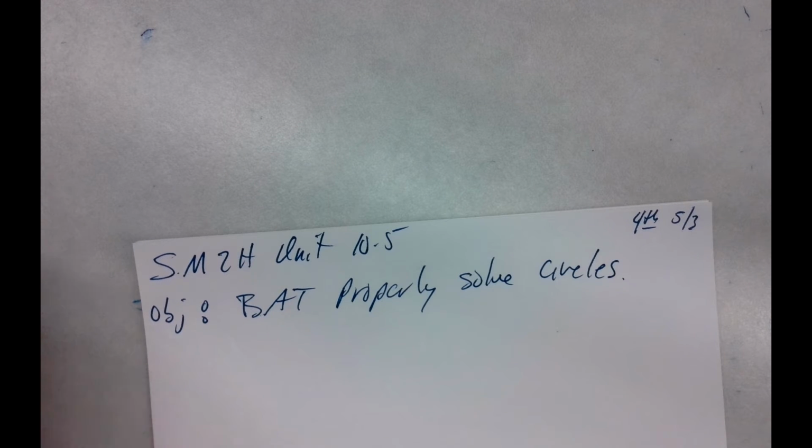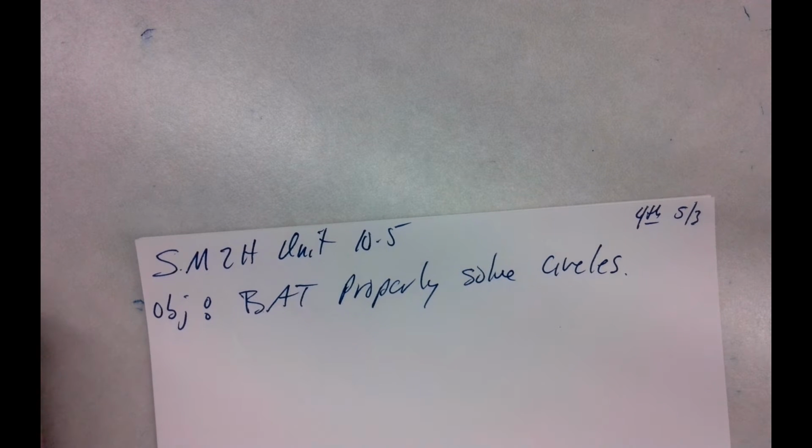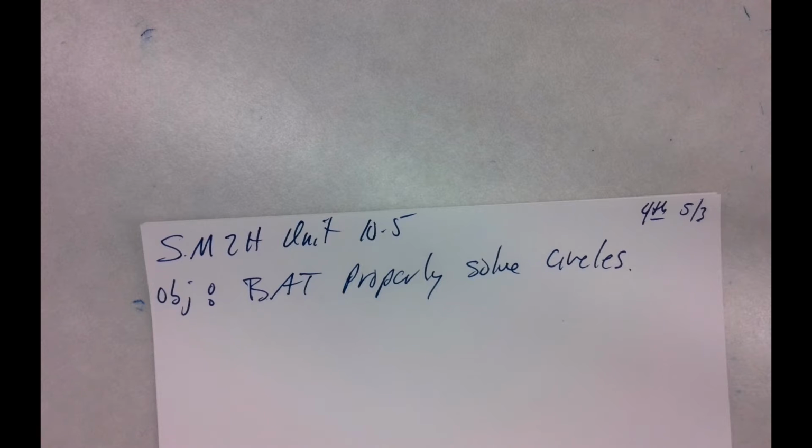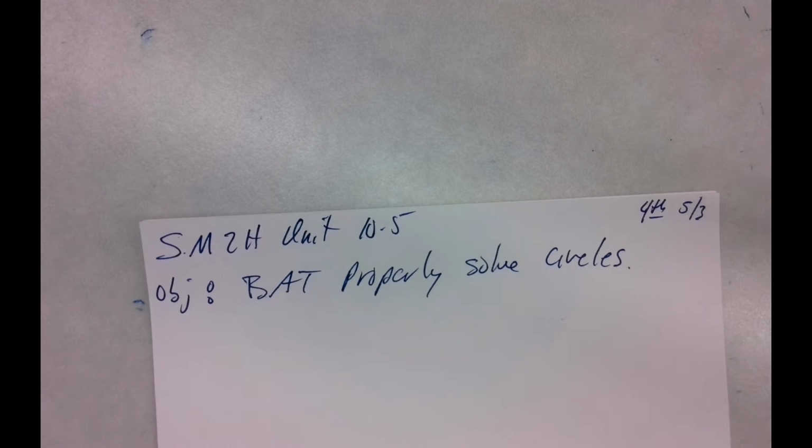Now, I'm going to be honest, 10.5 is pretty straightforward. I would combine it with 10.6, but 10.6 is kind of involved, which is why today is probably the best day to do corrections.